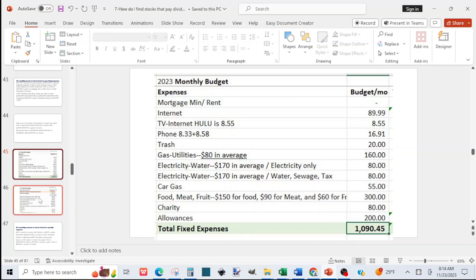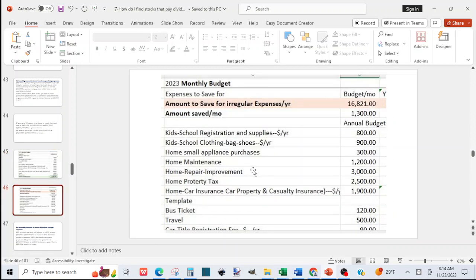And then if your irregular expenses can fit within another 1/3 of your paycheck, and then the last 1/3 of the paycheck, you can use that to pay off your debt if you want to pay off the debt before you start investing. Or if you are done paying off debt, then the other 1/3, you can invest in the stock market. That's one way to do it as well.